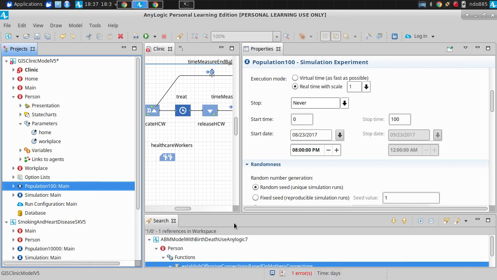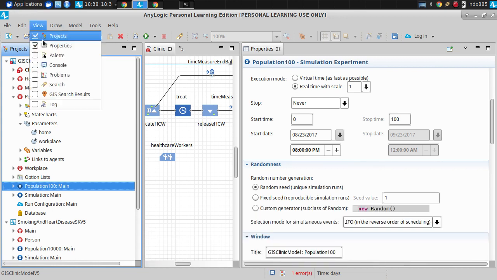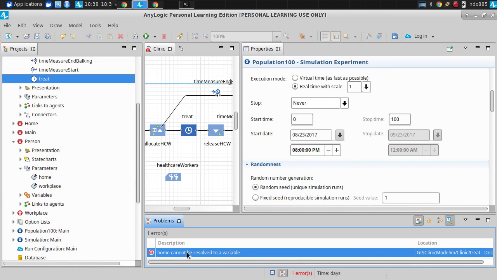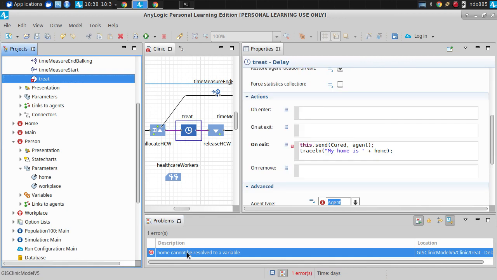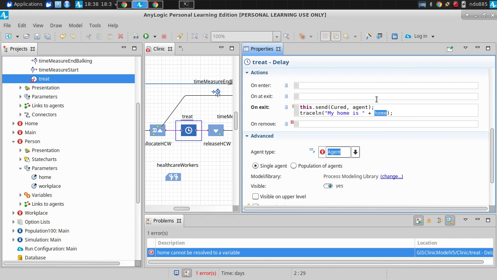Let's get rid of this search nonsense. I want to see problems view. Here it is. Problem. Boom. Here it is. Home cannot be resolved to a variable. You may say, well, wait a minute, I'm just asking for their home. I mean, every person has a home, and you see it's saying, well, I don't know where home is.